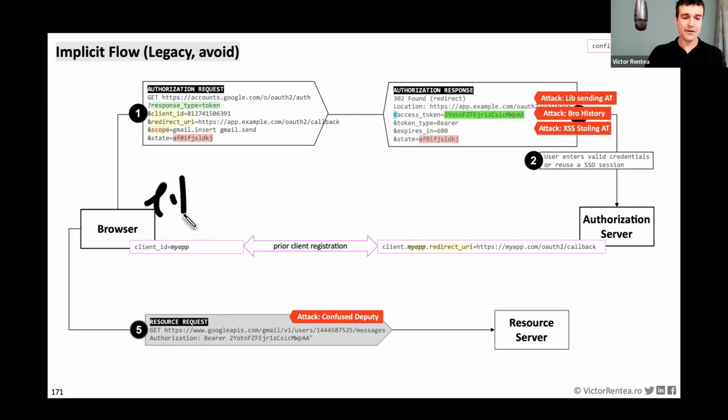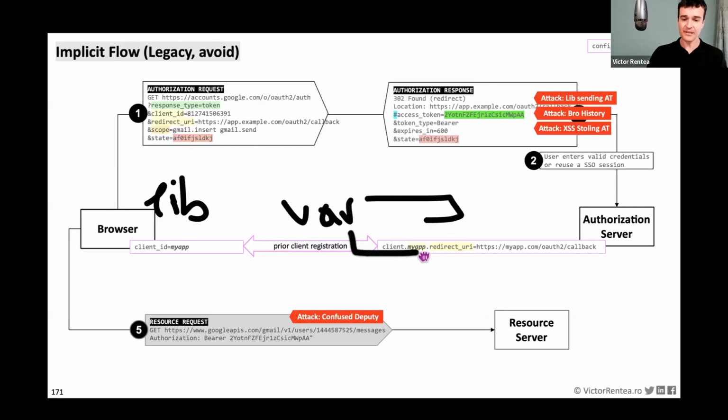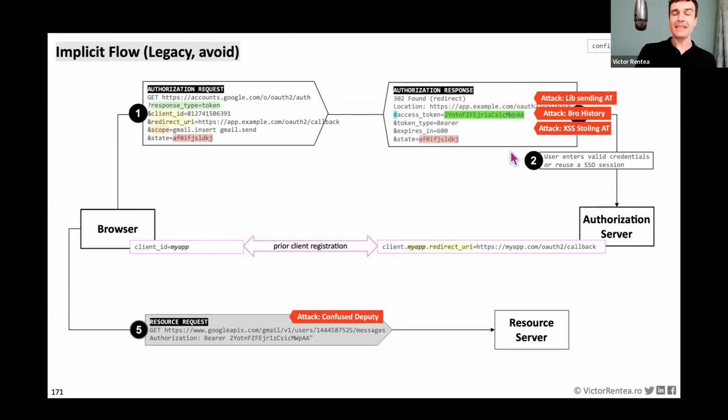Any library in here, since the access token is kept in a var somewhere in JavaScript, can find that token and just send it somewhere else with a fetch, sending your access token to a hacker. And then the hacker can impersonate you. There is no way to tell it's not the proper user. So the moment the access token goes in the browser, you risk losing it to bad, evil libraries, cross-site scripting, or even browser history that remembers it.